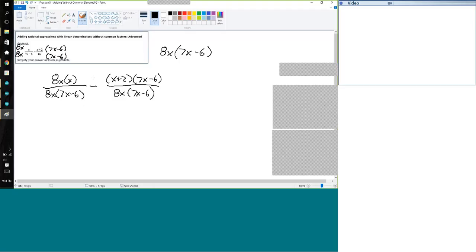For right now, with that minus in between, I'm going to go ahead and distribute or multiply up top to get 8x times x is 8x squared over the denominator.